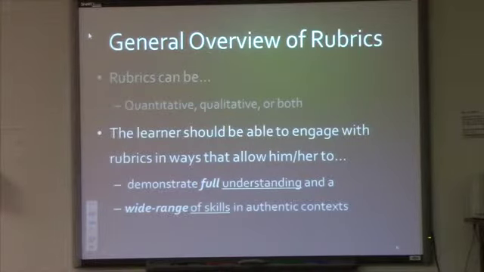This is not a trick question. Just think about full understanding for that learner. It could be any learner, so full understanding can mean anything. And wide range of skills within a rubric. Because if you think about them within a rubric, then you can think about yourself within the edTPA rubric. What goes across your mind?